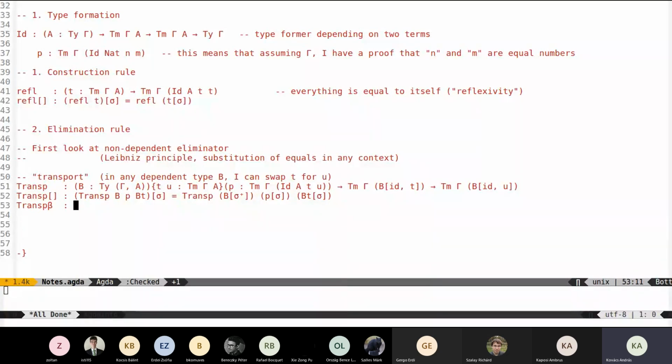So this says that if I'm using a transport, but the equality proof is actually refl, so if the equality proof is reflexivity, then I can just immediately return this, because if the equality proof is reflexivity, then the two terms are exactly the same. So this operation, which substitutes equals for equals, can be reduced to the identity function.